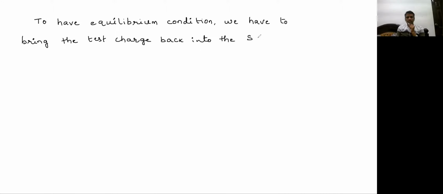That is, let us now move this test charge back into the same position and place it again back into the same place. How much amount of force is required to move this test charge back into the same position?